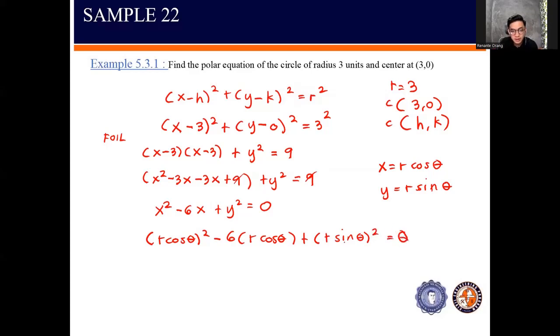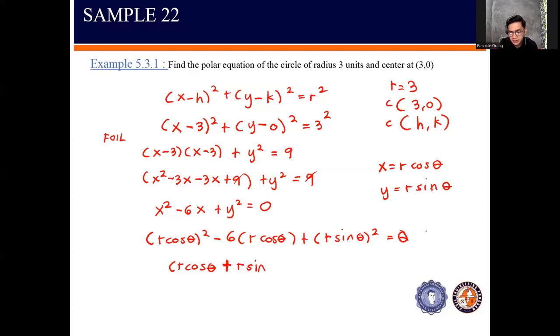Okay, so for this one, the terms with r, we put them together, then factor out r so it is better. So here, cosine squared and sine squared, I will put them together, r cosine theta plus r sine.